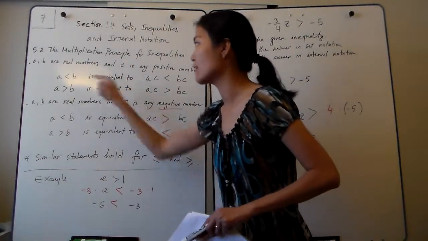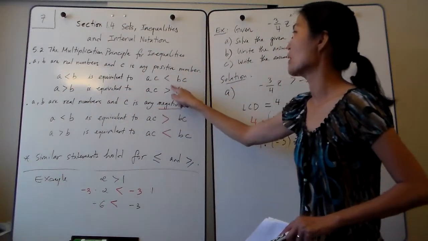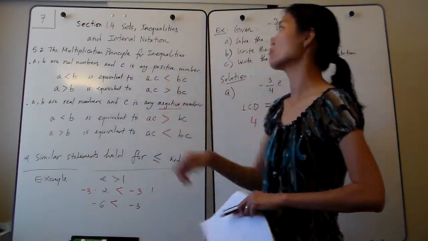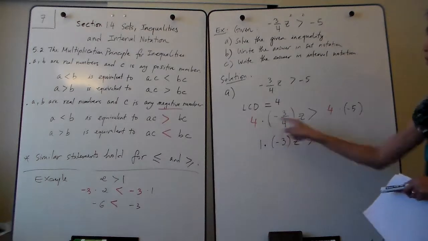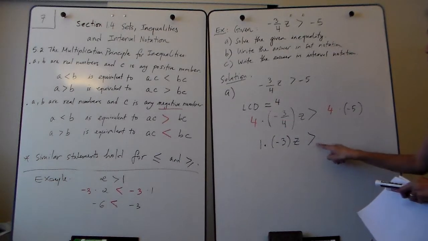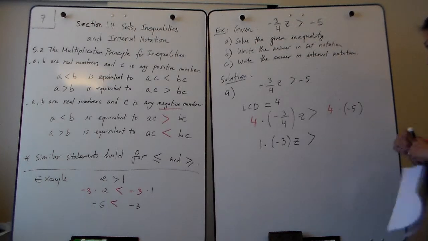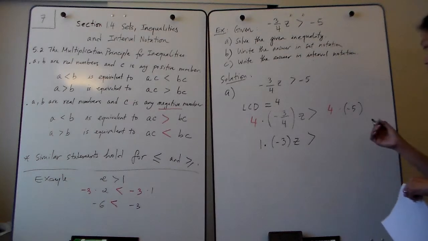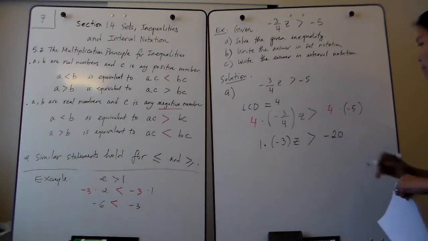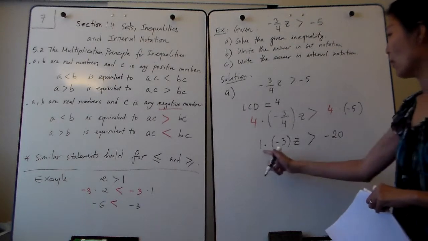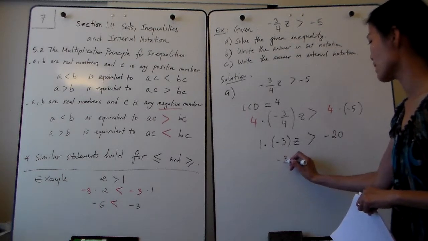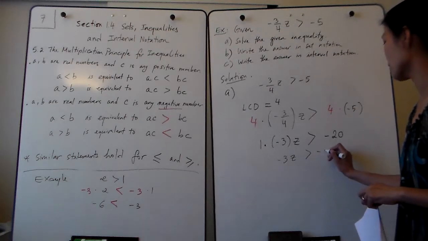We maintain the original inequality. So I'm going to keep this inequality right here. 4 times negative 5 is negative 20. Simplify further, we have 1 times negative 3 is negative 3z greater than negative 20.